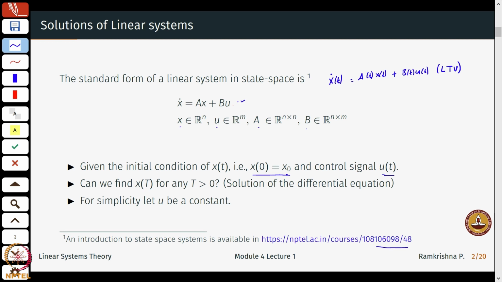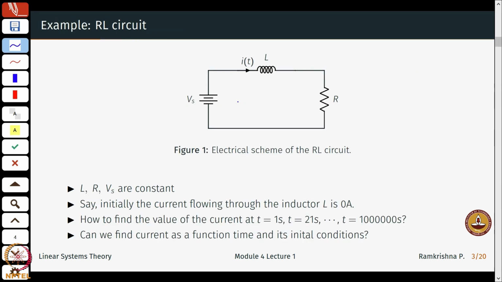So, let us begin with a little example to motivate our case, and also further simplify it by letting u be a constant input. Like if I take a circuit like this, V will just be 1 volt or 2 volts or whatever. So, in this system, I will have an R L circuit with a constant voltage input, and what is given to me are L and R, which are the constant parameters of the system, and the input voltage.